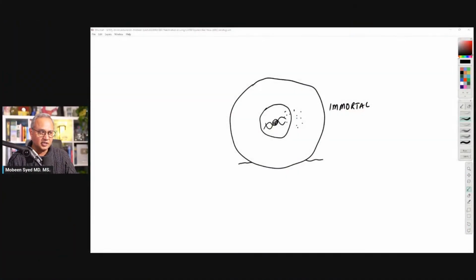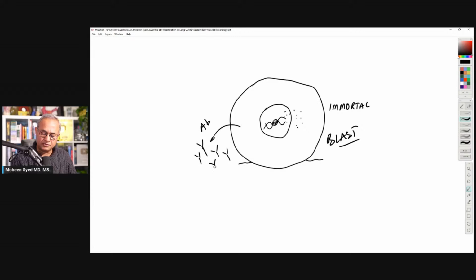And it is so funny, so scary, that this virus converts the B cell into a blast cell, and this blast cell doesn't know what it is going to be doing, so it just starts producing some random antibodies. These antibodies can actually, interestingly, attack sheep cells or other animal cells. We call them heterophile antibodies.